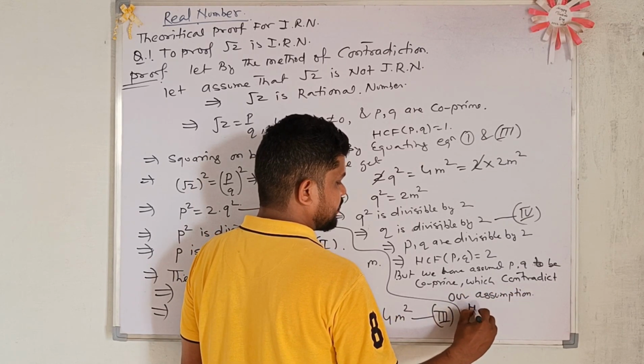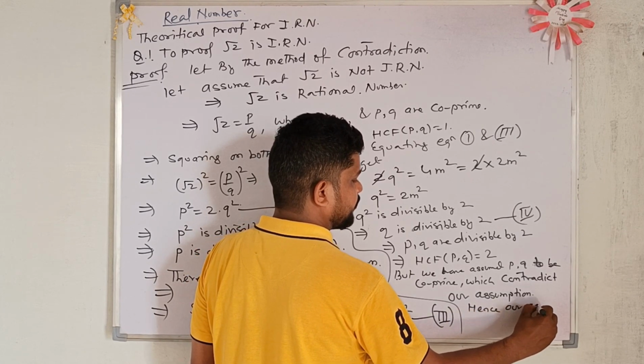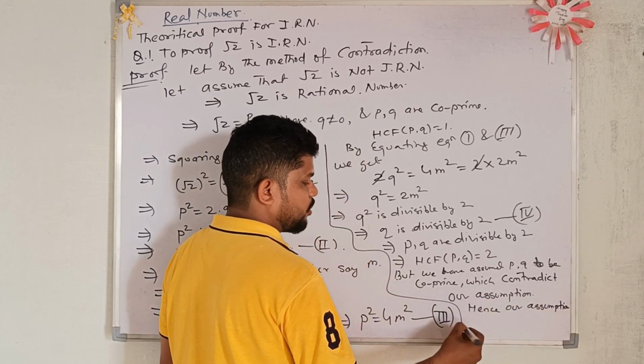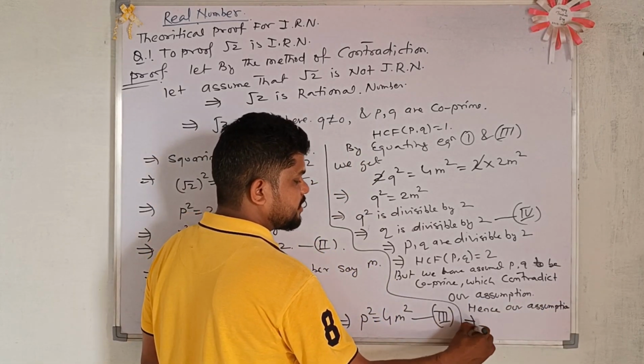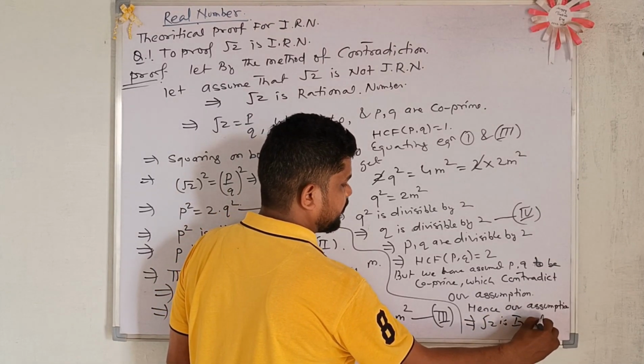Hence our assumption was wrong, and thus root 2 is an irrational number.